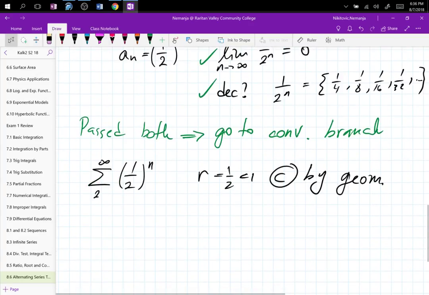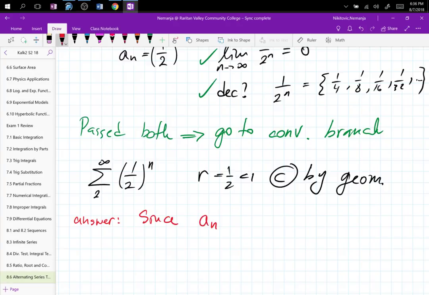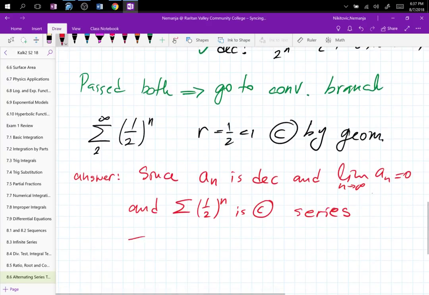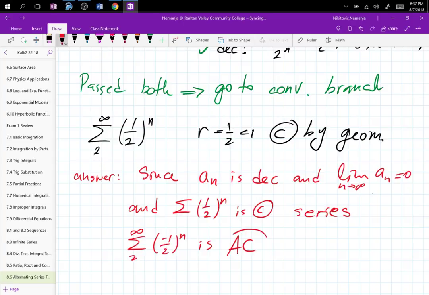So now we say, as the answer, as our essay over here: since a_n is decreasing and the limit of a_n equals 0, and summation of (1/2)^n is a convergent series, and we had it labeled as, the summation from 2 to infinity of (-1/2)^n is absolutely convergent.